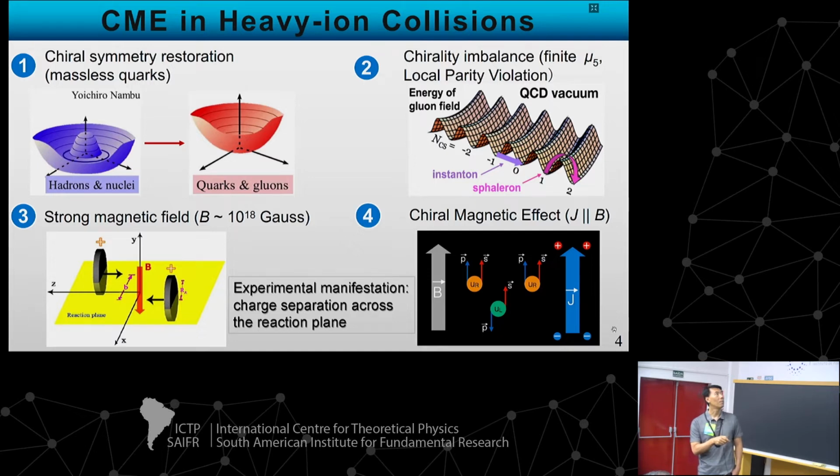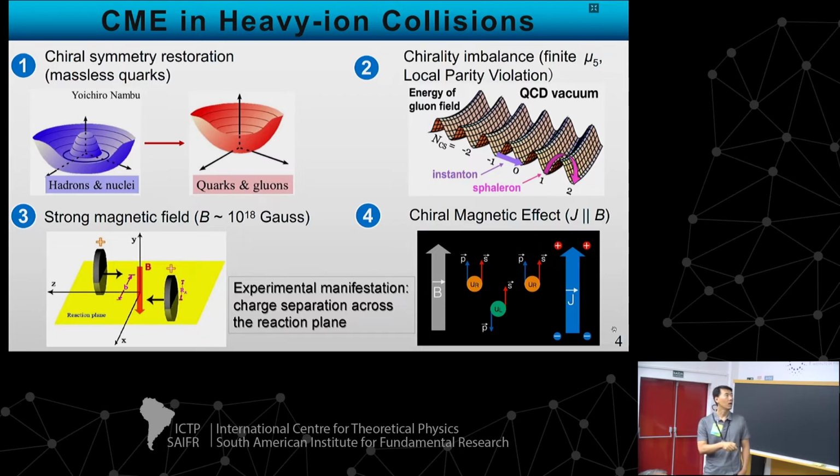This is local parity violation. You will have a finite mu5. Another condition is that in the initial stage of the collision, you have very energetic spectator protons. They pass through each other, generating a very strong magnetic field on the order of 10 to the 18th Gauss.